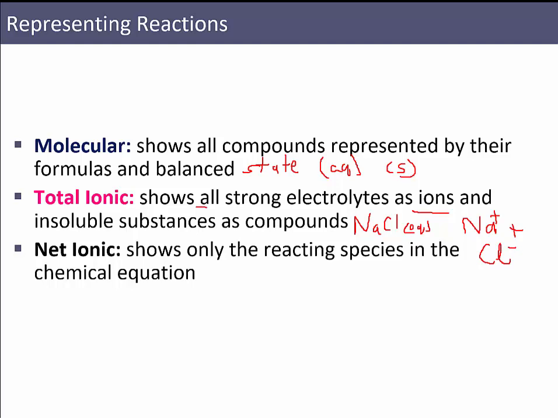Right, and anything that's going to be a molecular compound like sugar or ethanol, C2H6O, right, we could put that as AQ, right, but that's not going to dissociate. And then net ionic is going to be similar to that, but it's only going to show the stuff that are going to show up as changing in our reaction. We're going to remove what we call spectator ions, right?